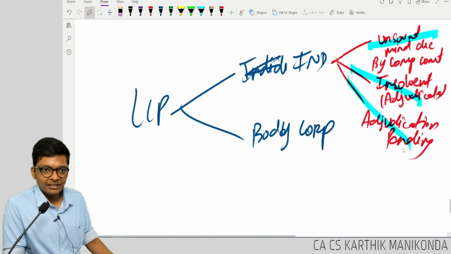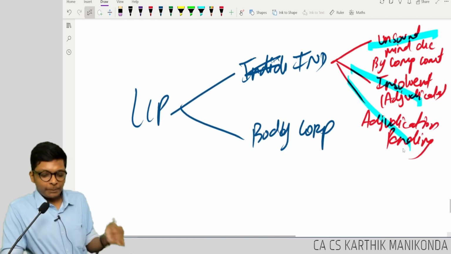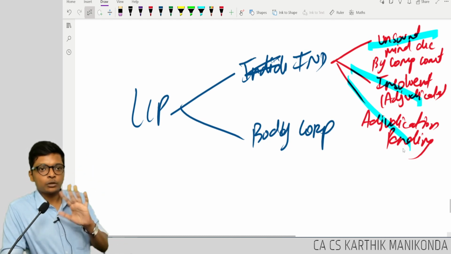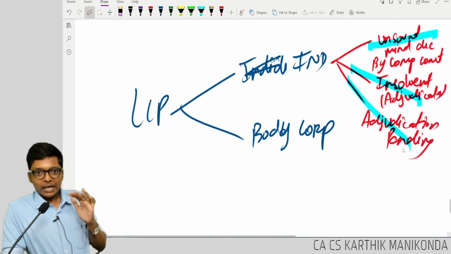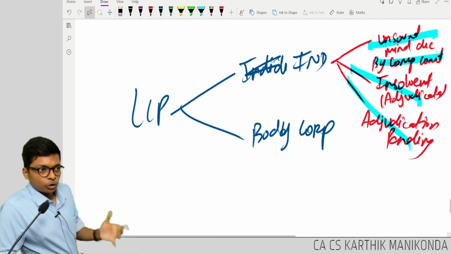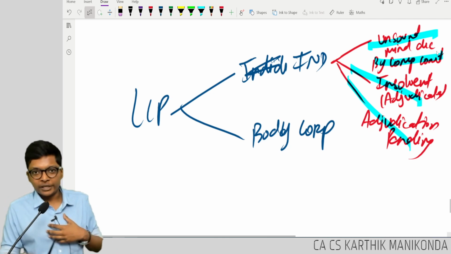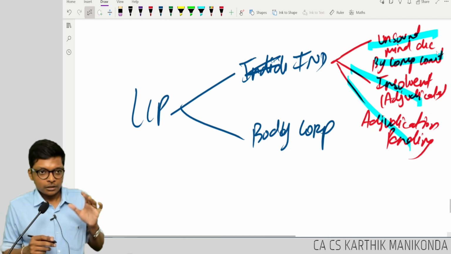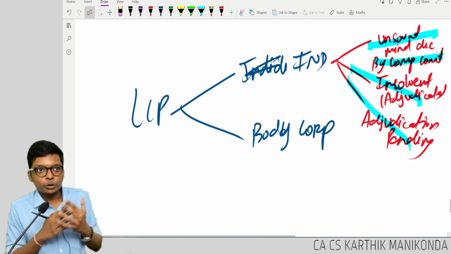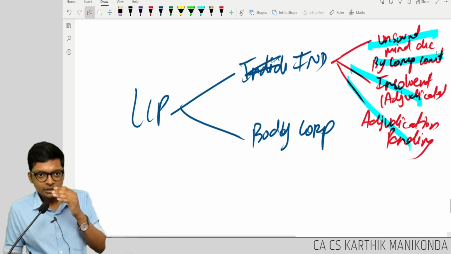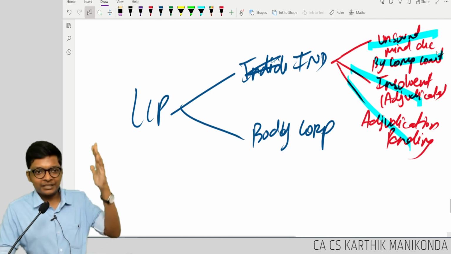Tomorrow let's say Bala is coming and telling, sir, I am of unsound mind, I will not be a partner of LLP. No, I will not accept that. If he says he is of unsound mind, the court has to say so. People started doing this: I won't pay the loan, I am of unsound mind, and run away. The court should give a declaration. How will the court give a declaration? They will take a medical test, put him in the hospital, test and all of that.